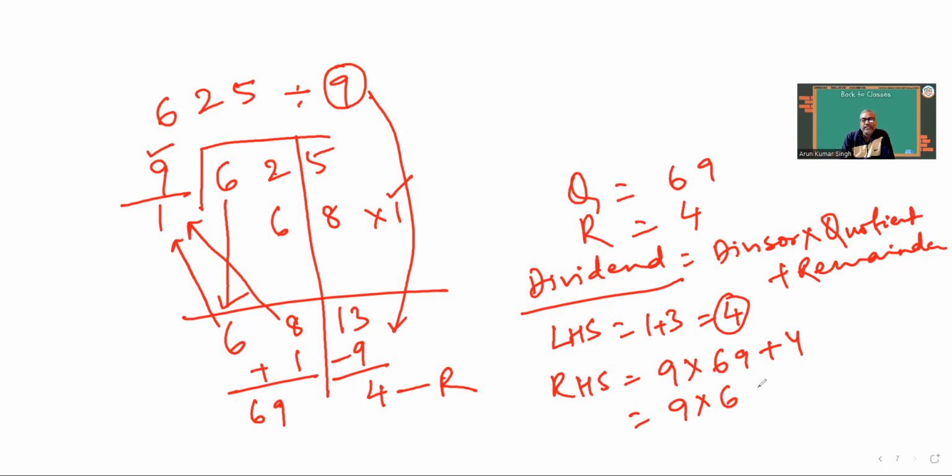So 9 into 6, 9 sixes are 54, plus 4 is 58. 58 means 5 plus 8 is 13, and 13 means 4. You can say 4 is here also, LHS is 4 and RHS is also 4. So it means this is correct.